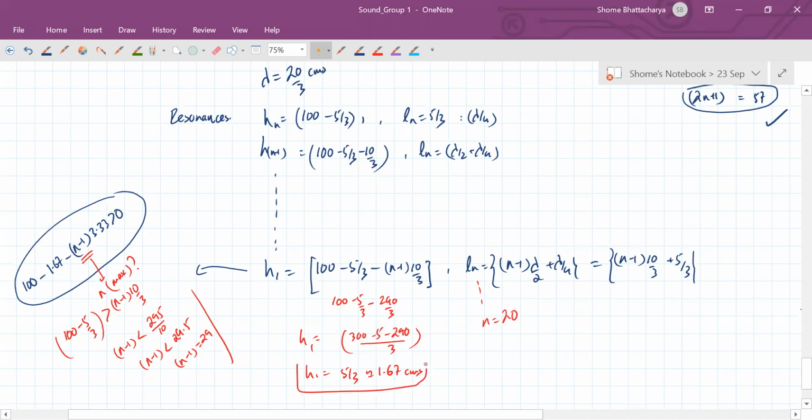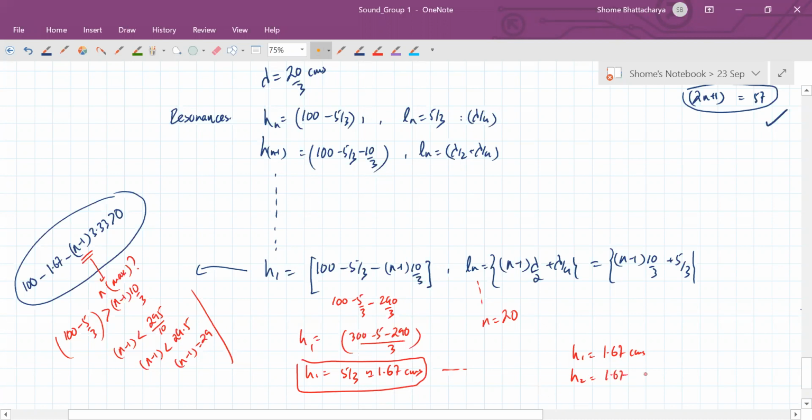So your first resonance will occur at this height. H1 is 1.67 centimeters. Then your second one will be this plus lambda by 2, and lambda by 2 was 3.33.